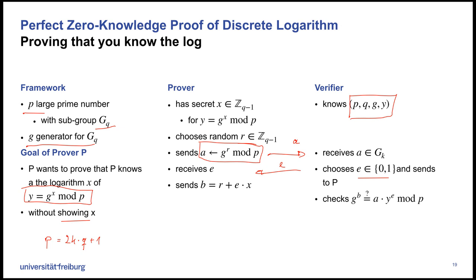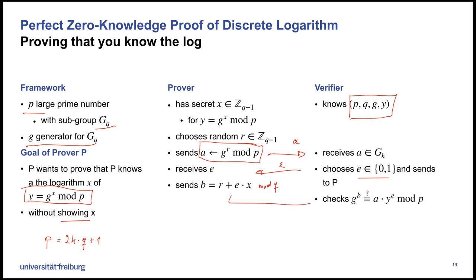So this will be modulo q. Why? Because we are working with exponents.